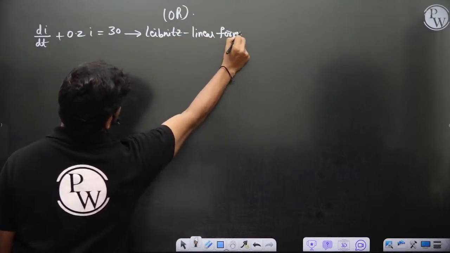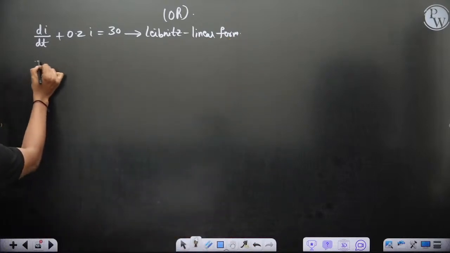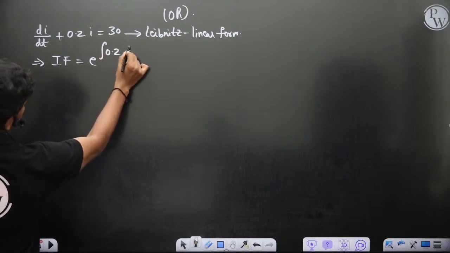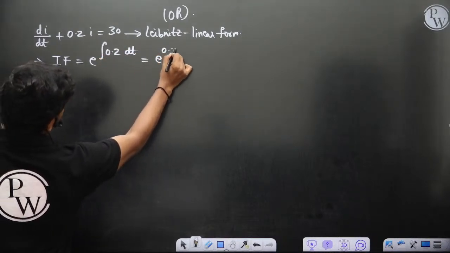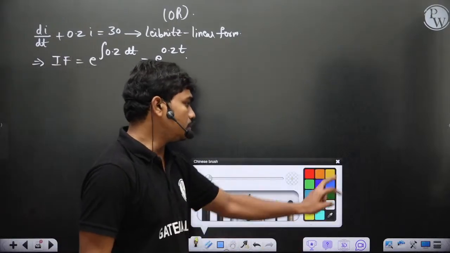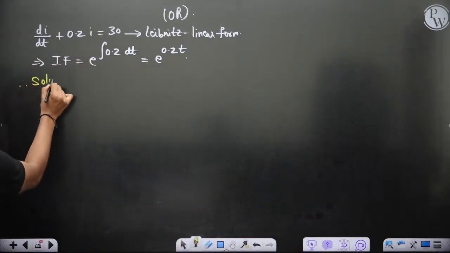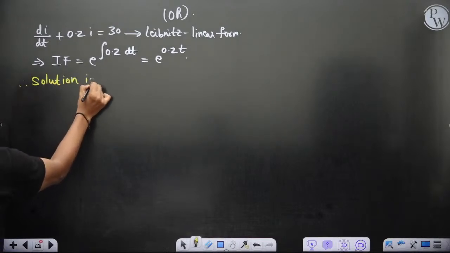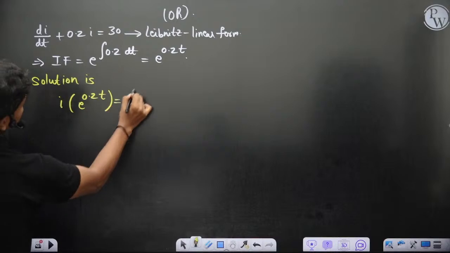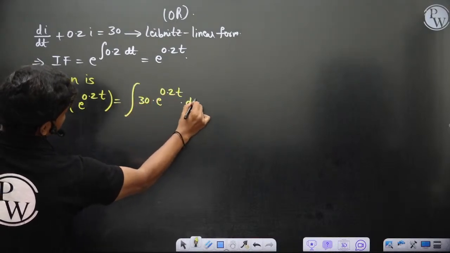Then the integrating factor is e power integral 0.2 dt, which is e power 0.2 t. Then the solution: I is the dependent variable, so I into e power 0.2 t is equal to integral 30 times the integrating factor dt plus a constant.